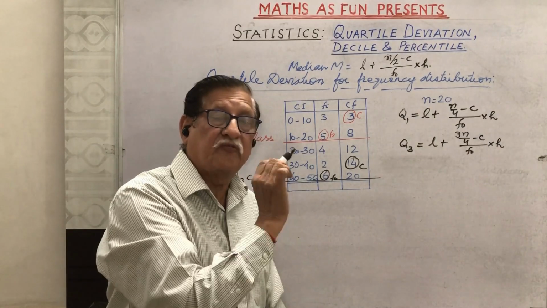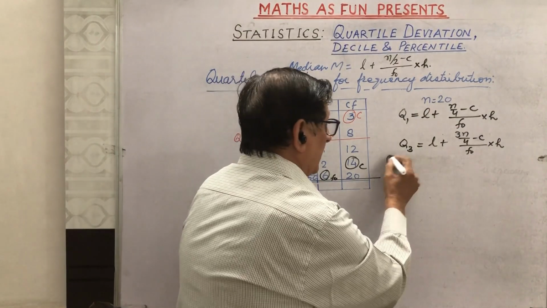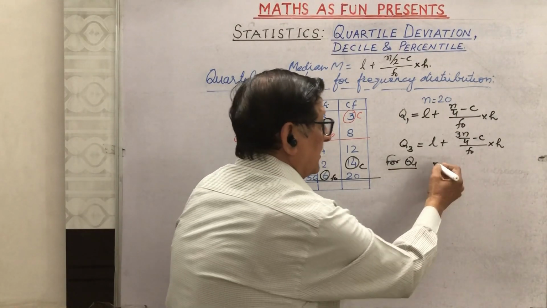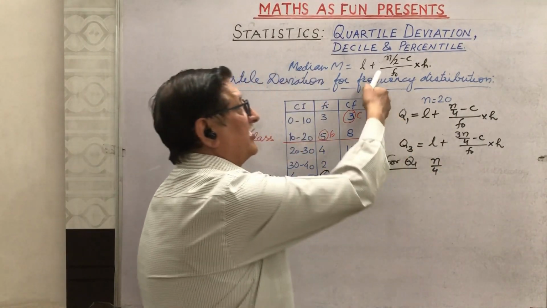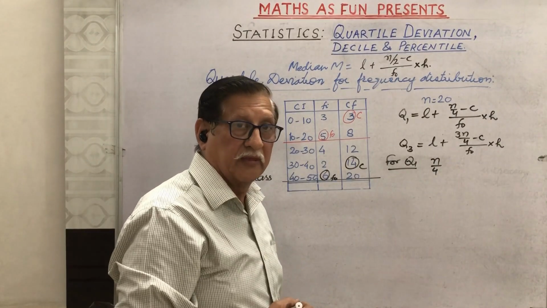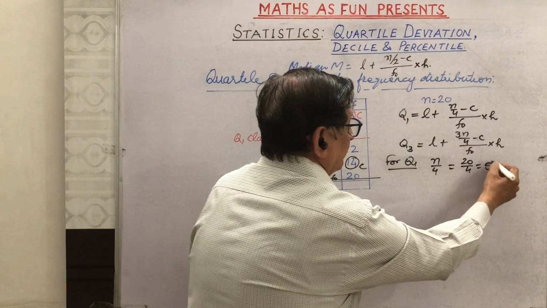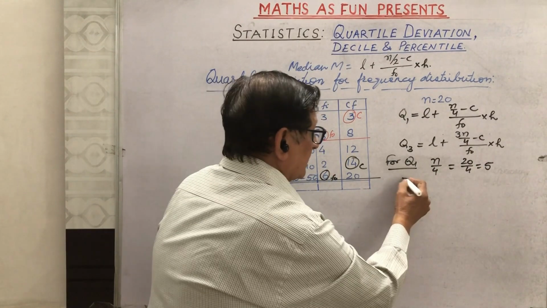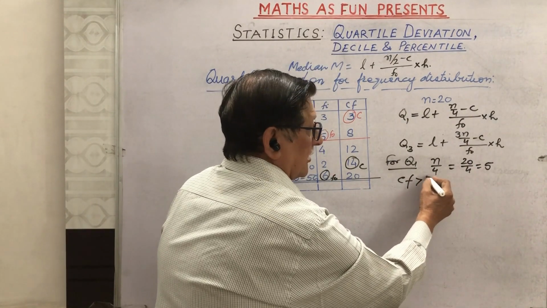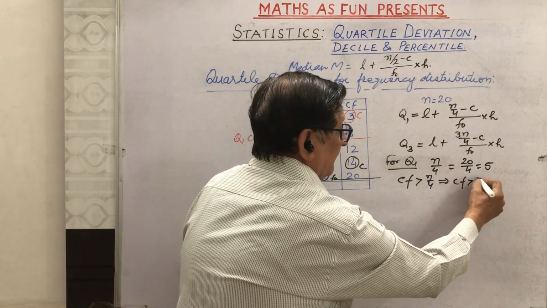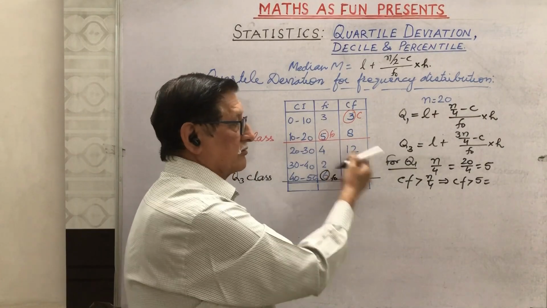See, to find out the first quartile Q1, we will have to find out n by 4, like we were finding n by 2 for the median. And n by 4 in this case is 20 by 4, that is 5. If we look for the cumulative frequency greater than n by 4, that is CF greater than 5, that is here 8.